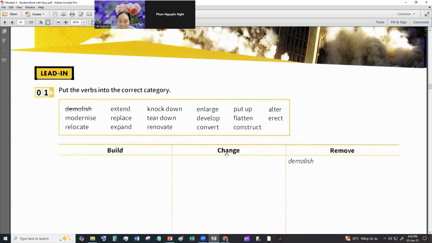In order to change, you have some verbs, and to remove, you have some verbs. For example, demolish. To demolish is to remove. Okay, so I will give you 10 minutes at most to do this exercise, and then we'll check the answers together. Feel free to look up the dictionary.